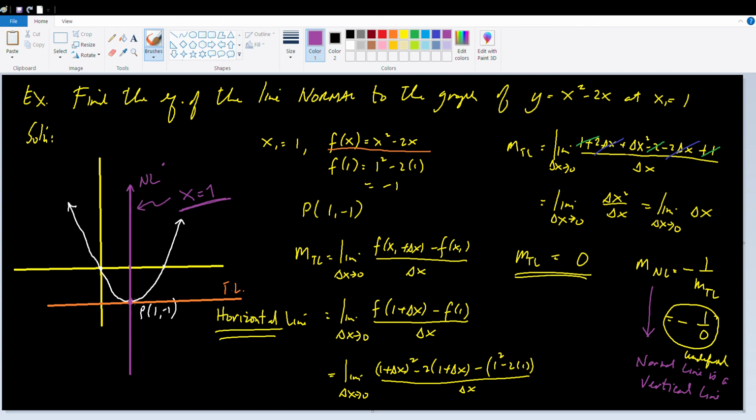And the equation of a vertical line is x equal to a constant, and that constant is the x-coordinate of the point. The normal line has no slope. Why? Because the normal line is a vertical line.